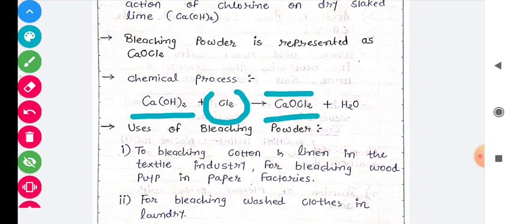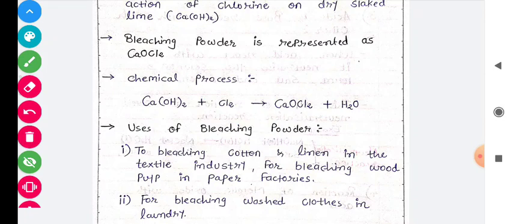This is the chemical equation of bleaching powder. Calcium oxychloride, CaOCl2 plus H2O. So parallelly the water is also produced. Bleaching powder is also known as CaOCl2, and the another name of the bleaching powder is calcium oxychloride.